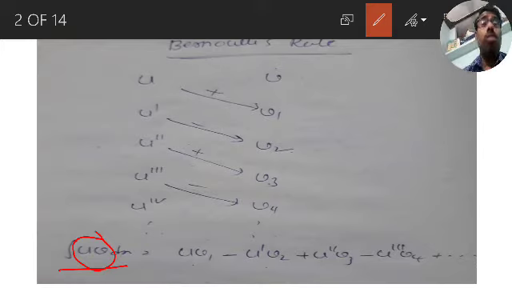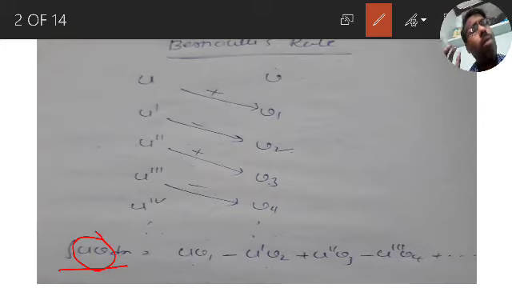And that algebraic function has greater powers of x, not simply x. It may be x square, x cube, x power 4, x power 5, x power 10, x power 11, like that. So I am giving one first condition for when we are going to apply Bernoulli's rule.